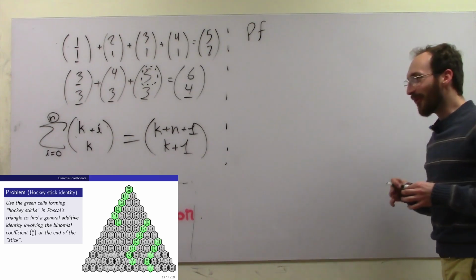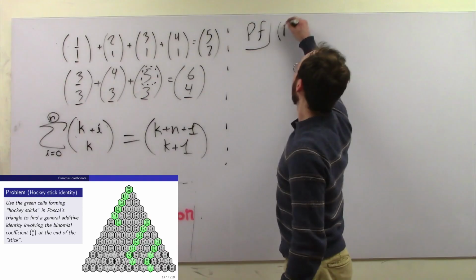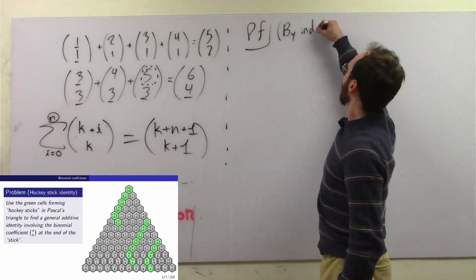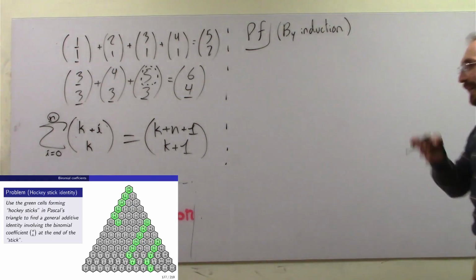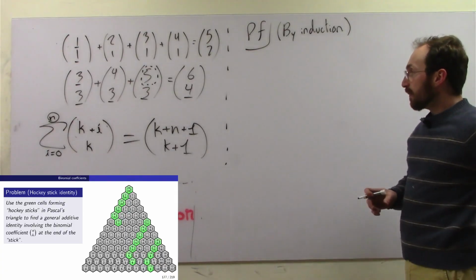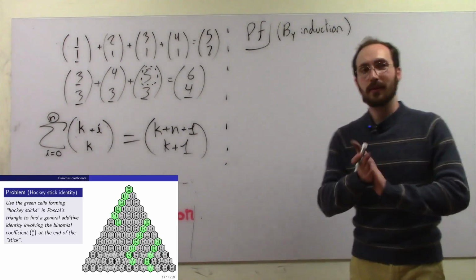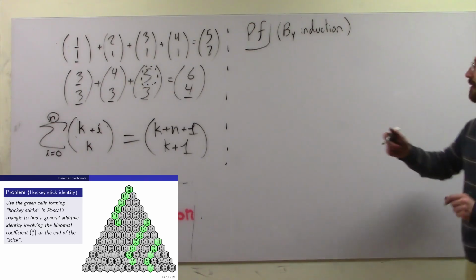Not with binomials, exactly. So let's see what we can do here. I actually didn't prep this, but I think it'll work out just fine. What are we inducting on? Is my question to you.